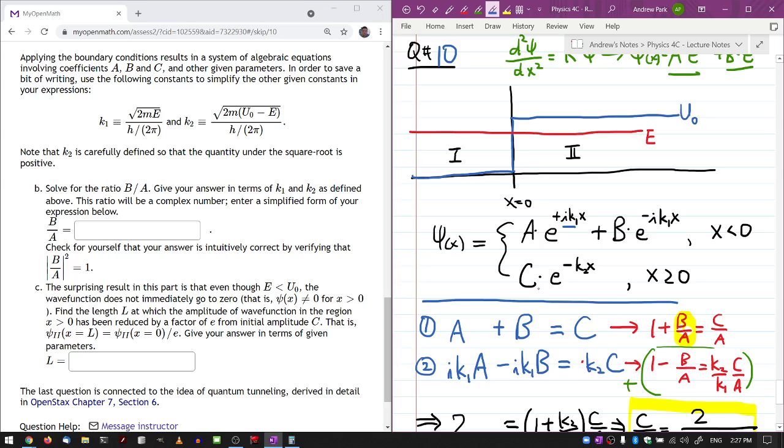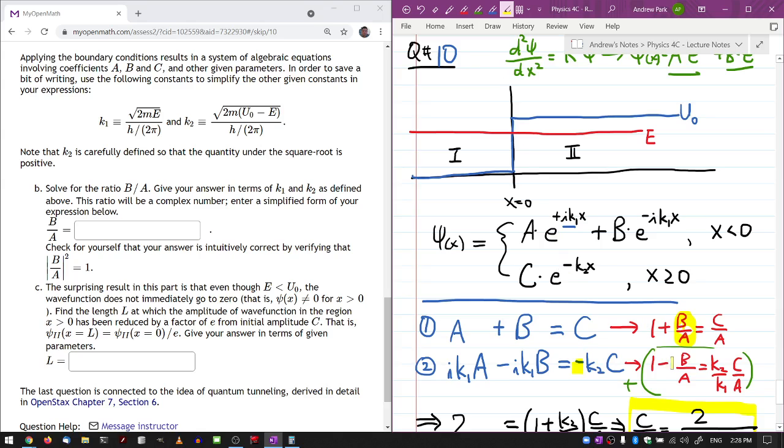Now for the right-hand term, the derivative here is minus k2. So minus k2 times c, and when you plug in x equals 0, you get 1 again. So it looks like really the only thing that changed is this one. That means when I divide by ik1a, I need to make sure to write it down correctly.